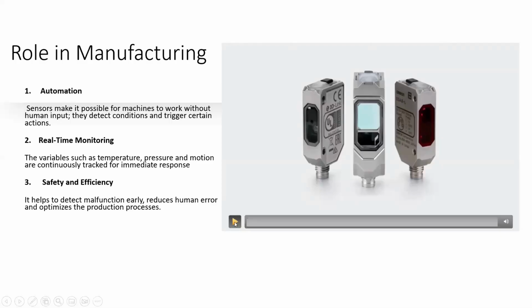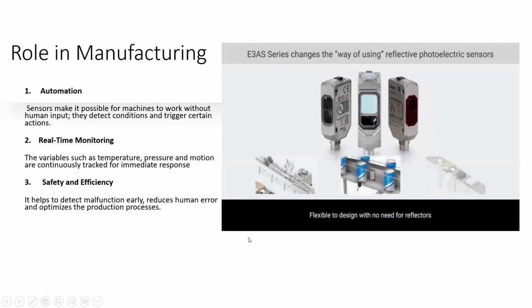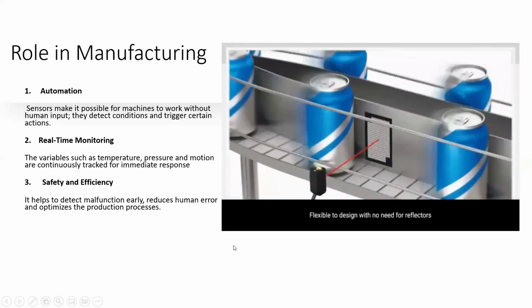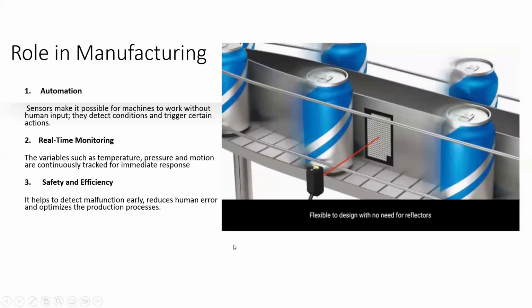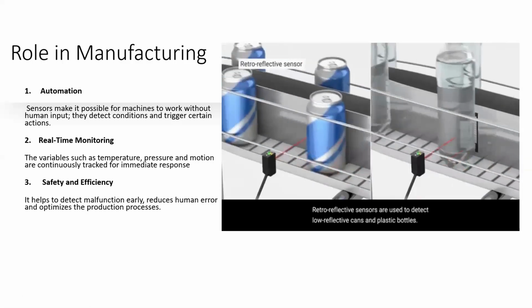You can take a look at the benefit from this short video clip, showing how sensors are used in the manufacturing industries. Here, a retroreflective sensor, for example, is used in counting the number of cans passing through the conveyors.